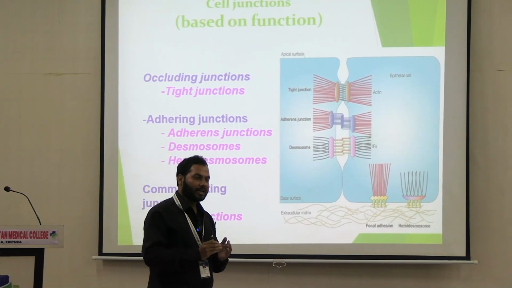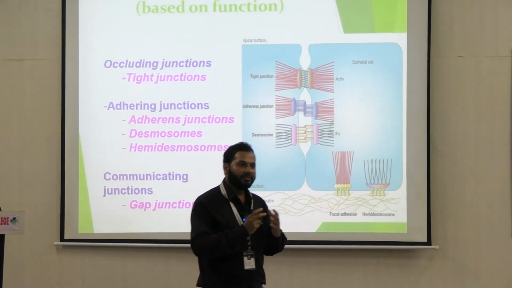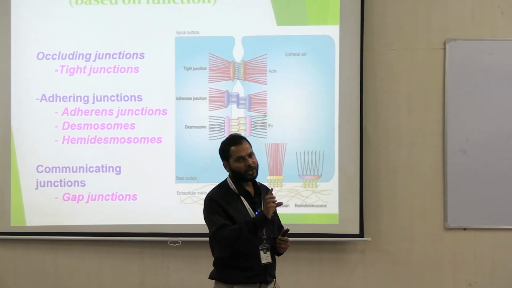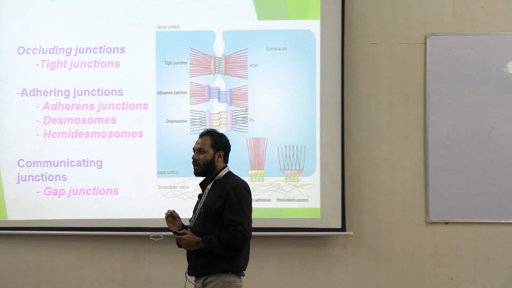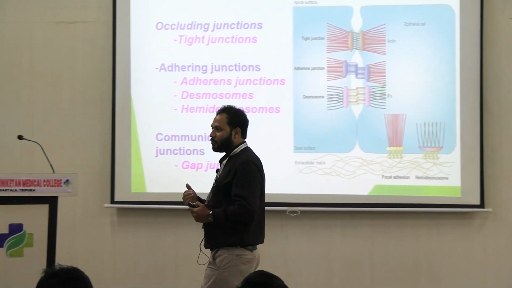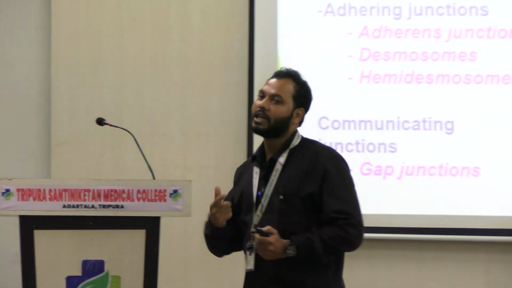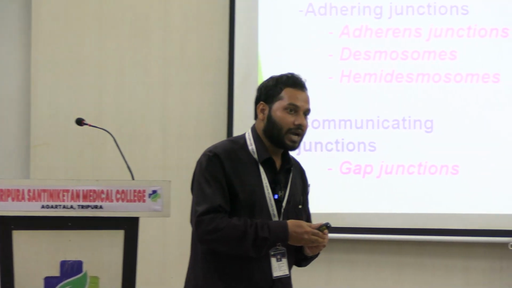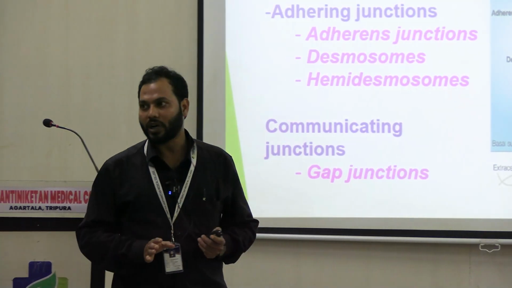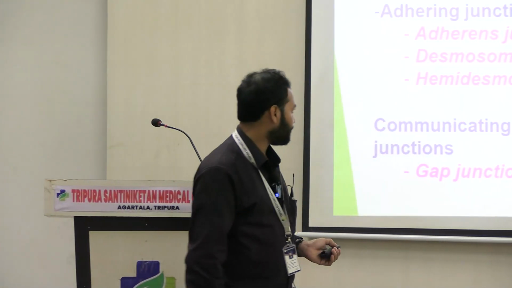In all those different types of cell junctions, there are different types of cell adhesion molecules present, right? We will see how these different cell adhesion molecules make different cell junctions and how the different cell junctions are physiologically important for tissues or cells.